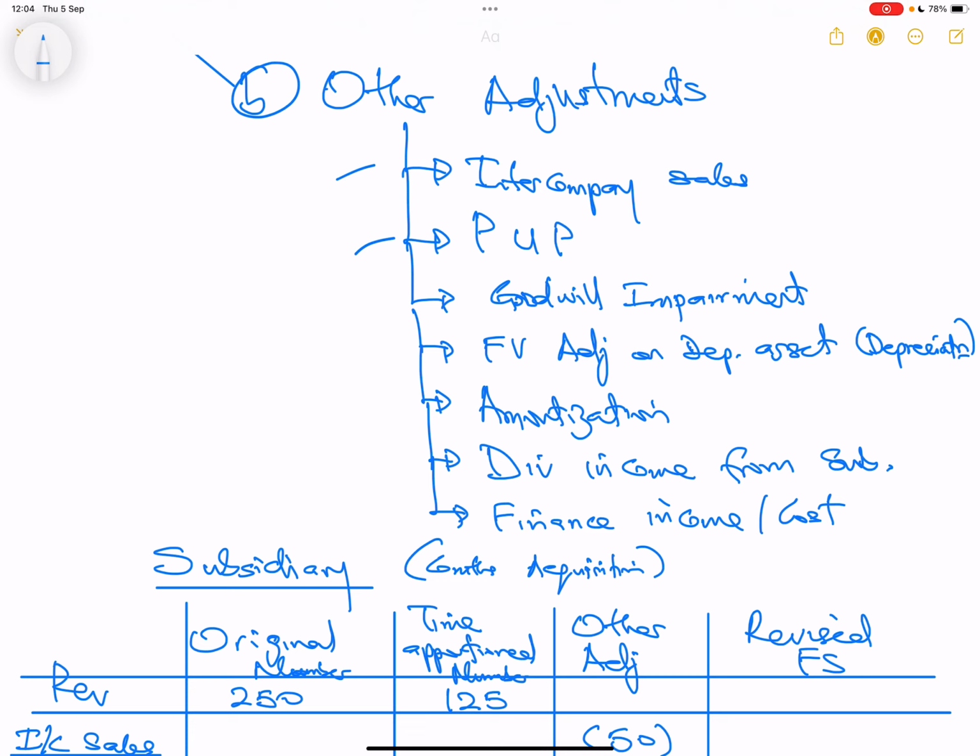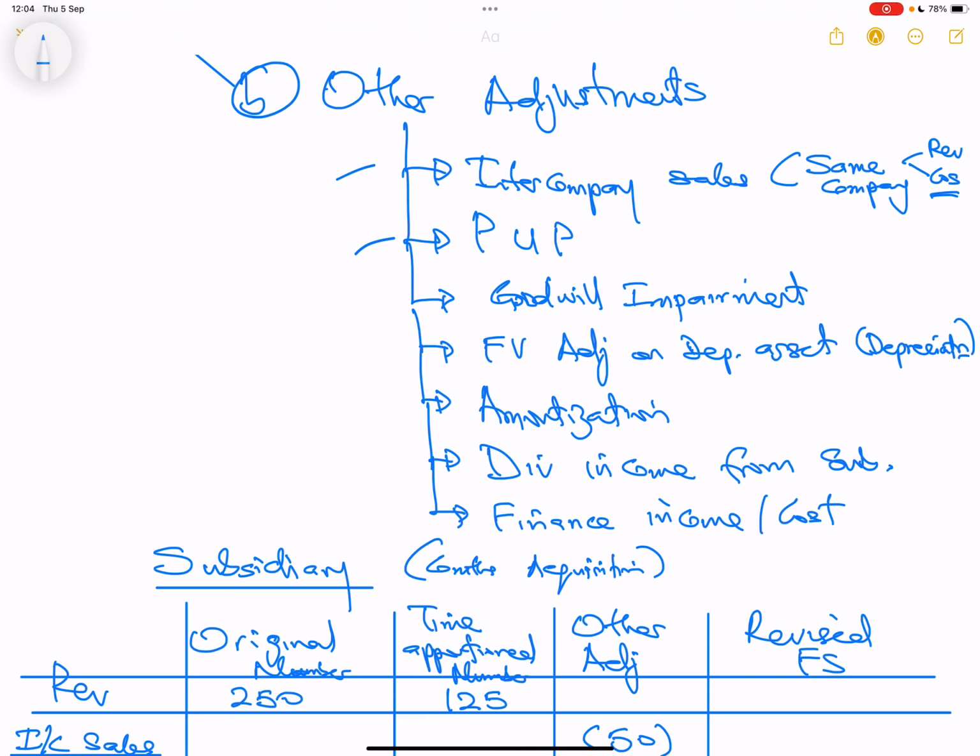Don't go and take revenue from the seller and take the same revenue from the cost of sales of a buyer. No, because that might affect your NCI and other computation. Please, for intercompany sales, you must adjust on the same company, both from the revenue and cost of sales, the same figure.